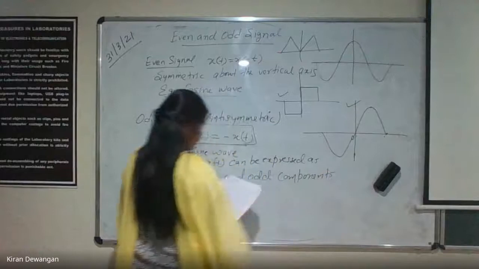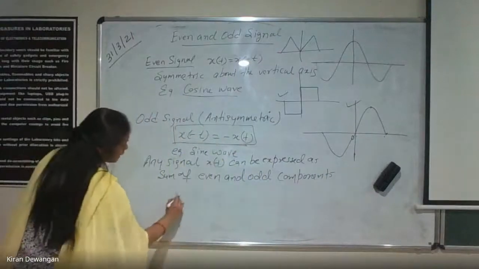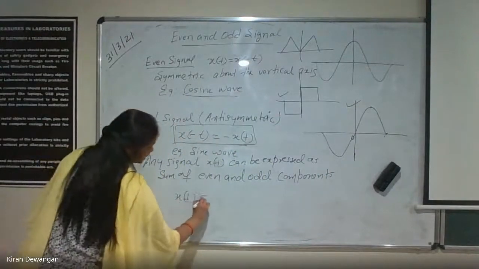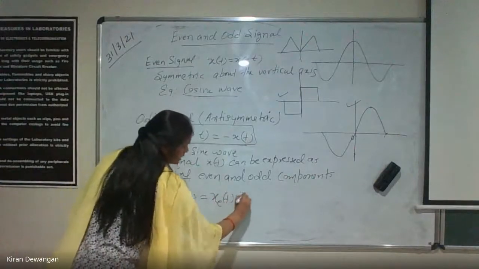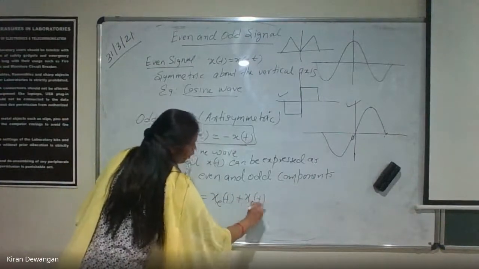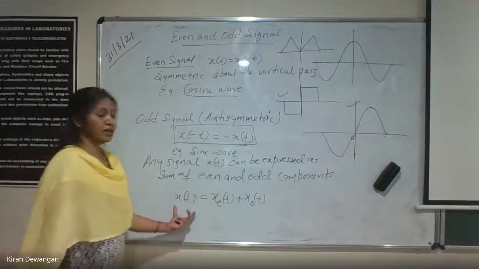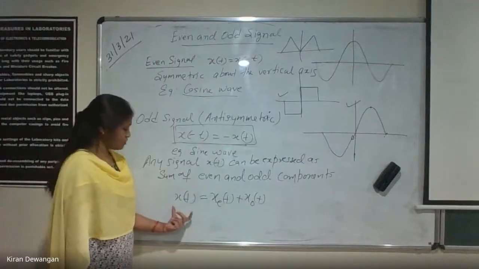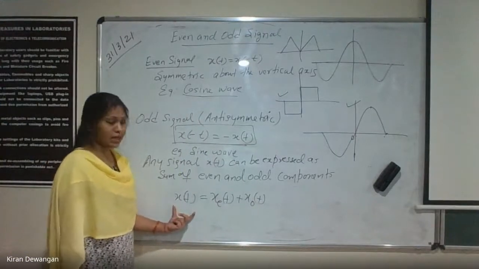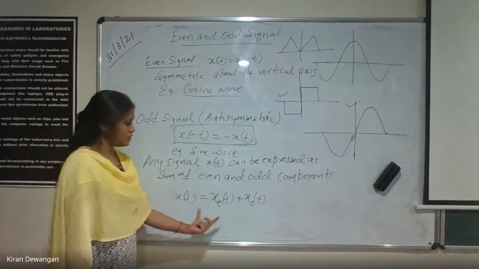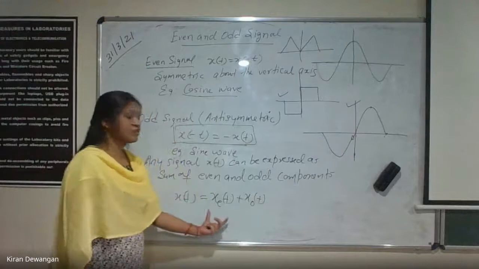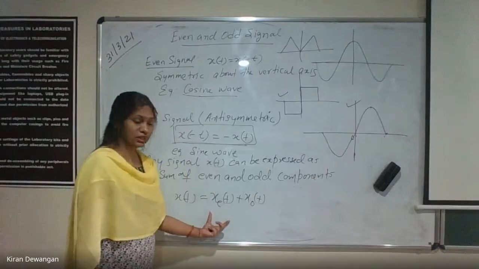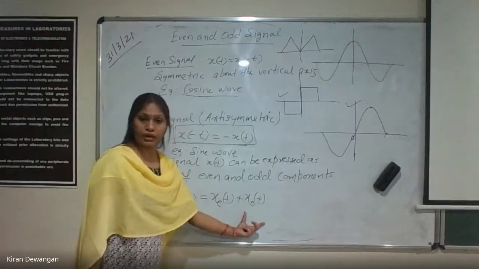Even and odd components, that is we can write x(t) = xe(t) + xo(t). मतलब any particular signal x(t), what I mean to say is any signal x(t) can be written as the sum of its even component and the odd component. किसी भी सिग्नल का हम इवन कंपोनेंट निकाल सकते हैं, किसी भी सिग्नल का हम ऑड कंपोनेंट निकाल सकते हैं.